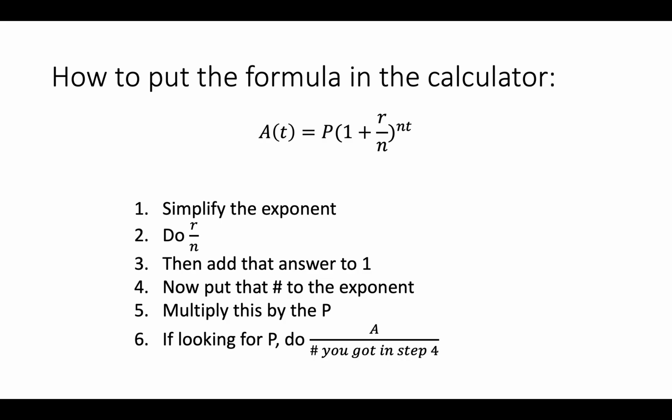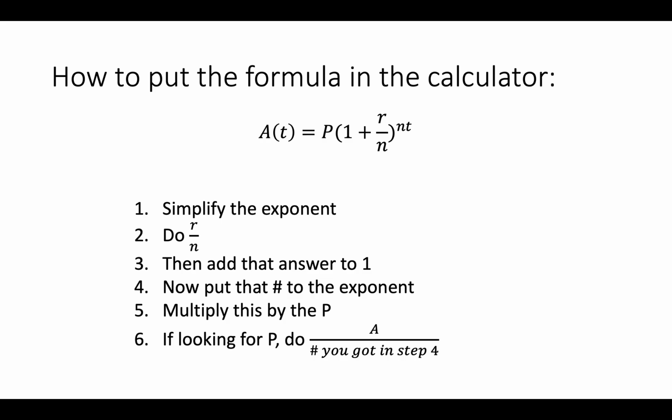Later on, we're going to go over this again, but if you're looking for the P, so I tell you at the end of 10 years, you have $10,000. And then I give you an interest rate, I give you the number of compounds, I give you everything. I want to know, what did you invest initially?